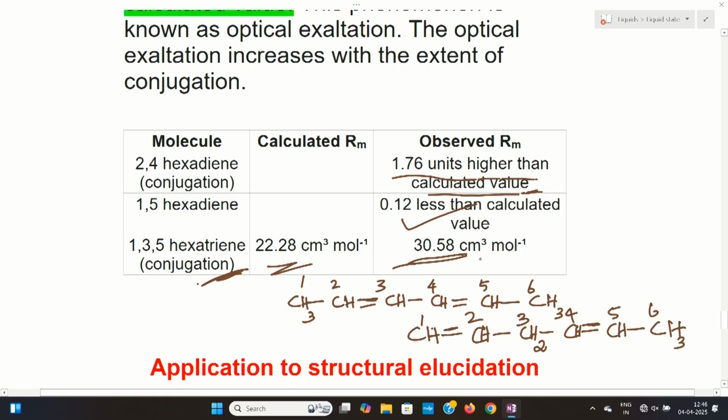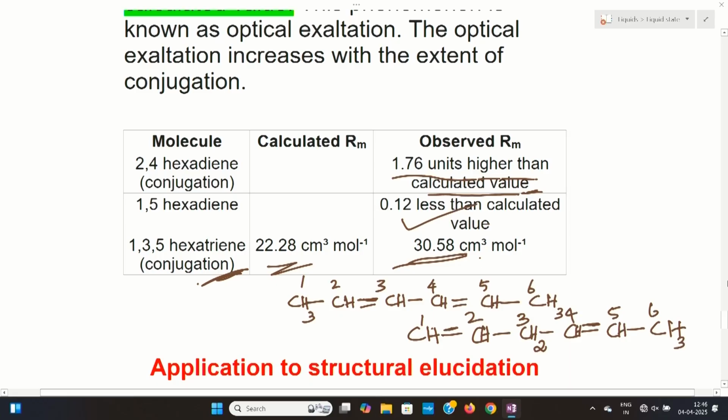The observed molar refraction value was higher than the calculated value in the case of 1,3,5-hexatriene also, where there is conjugation.